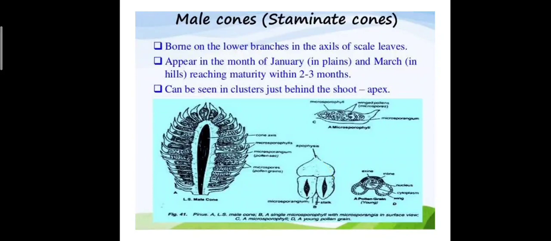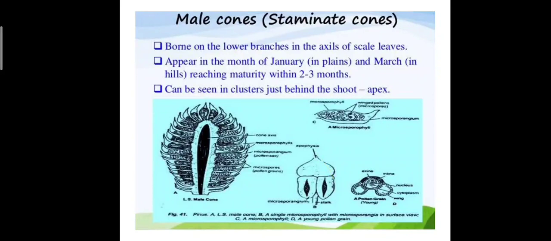The wall of the microsporangia is differentiated into 3 regions: exothecium, endothecium and tapetum. Exothecium is the outer wall and it is highly cutinized and thick walled. Endothecium is thin walled, and the tapetum is composed of nutritive cells. Inside the sporangia they contain a large number of microspores.